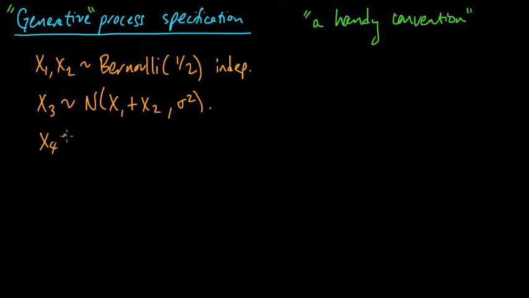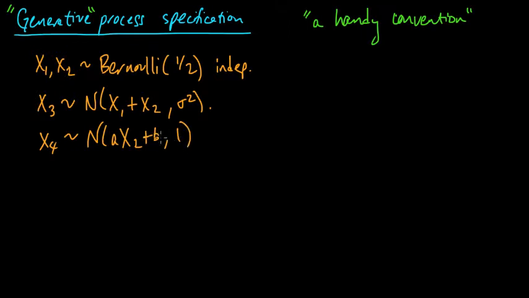And let's do some more. Let's say x4, let's give it a distribution that depends on the random variables that we previously defined. So maybe it's also normal, and its mean is, let's say, some constant a times x2 plus some constant b, something like that.